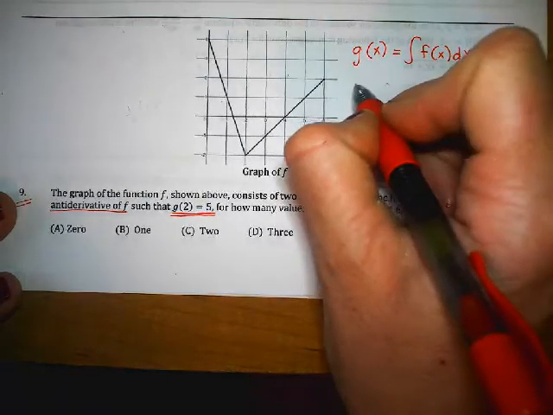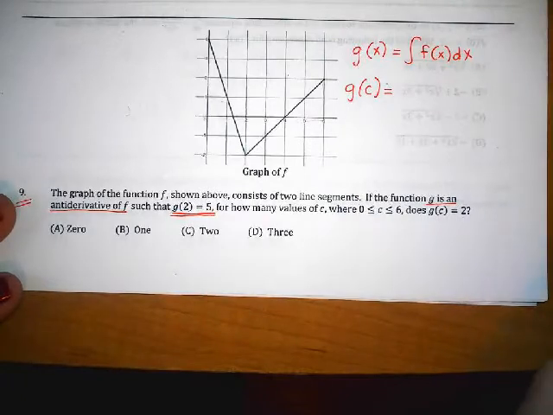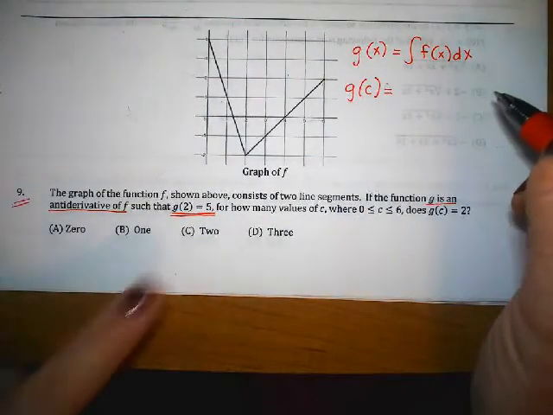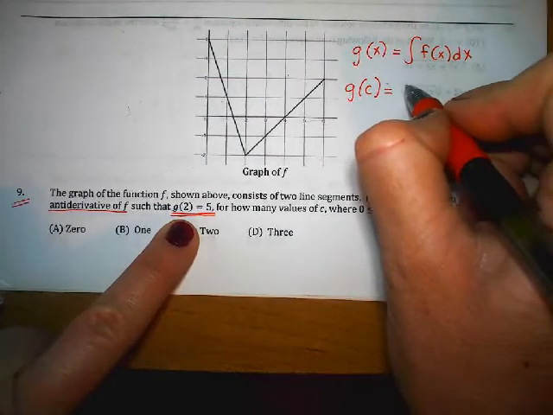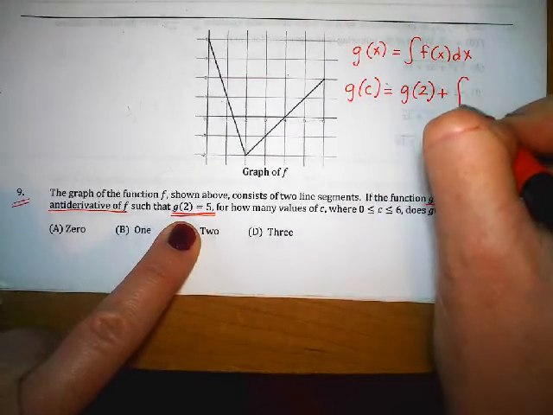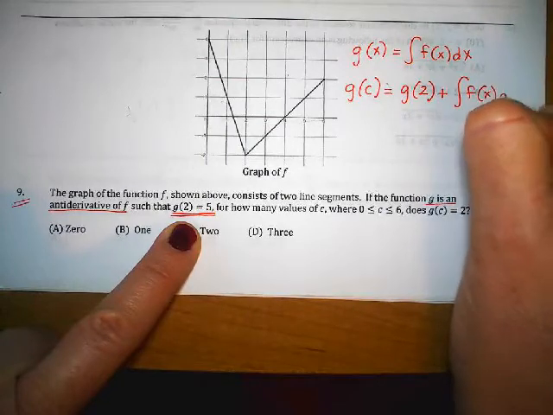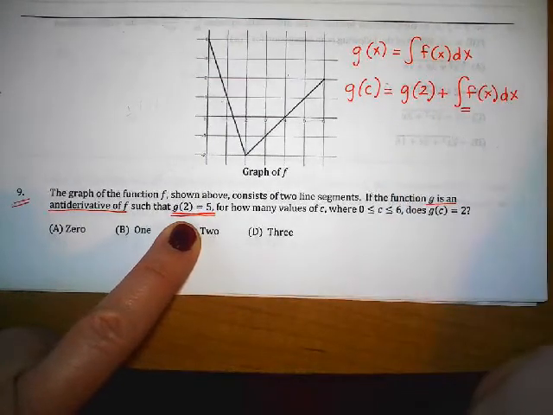So if I want to figure out when g of c is going to equal 2, the first thing I'm going to do is figure out what g of c is. I am going to use this initial condition right here. Remember, we always start with the initial. The initial is g of 2 plus the antiderivative of f of x dx. Now we have to figure out what number is going to go right down there on the bottom.